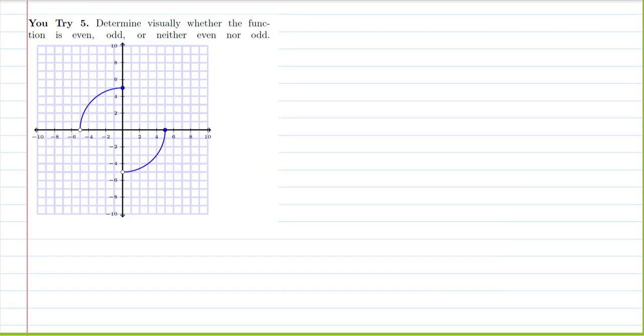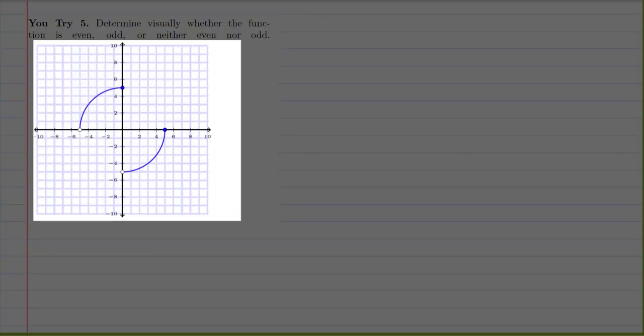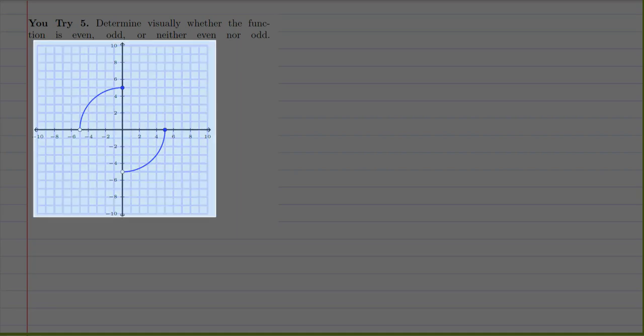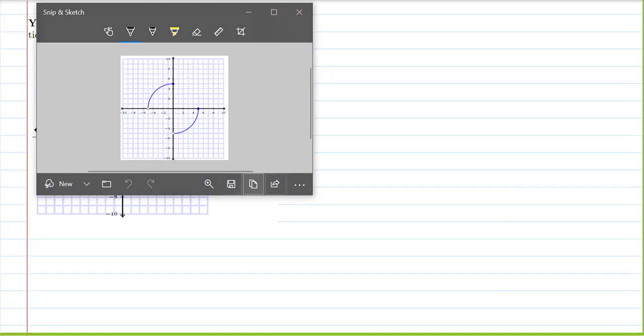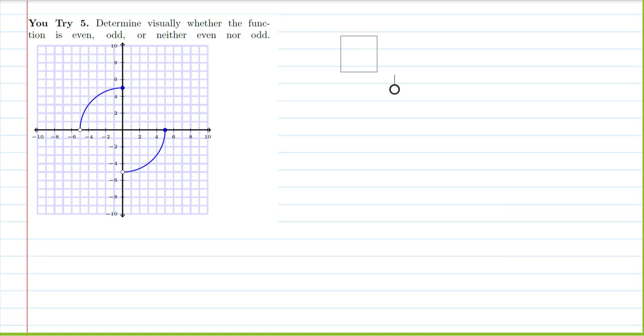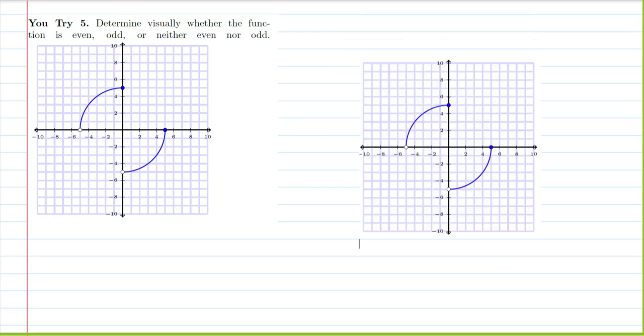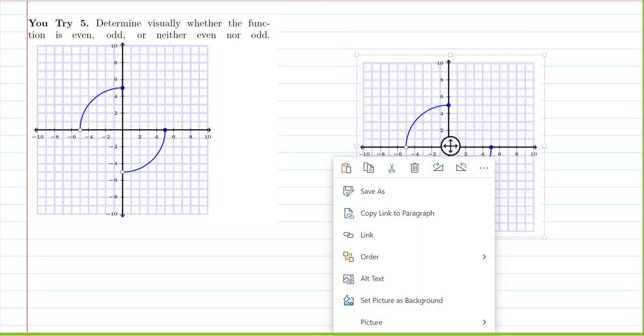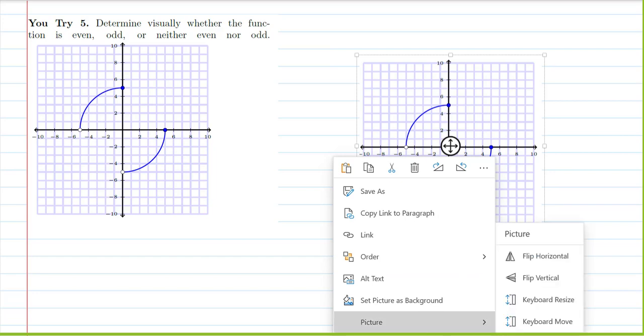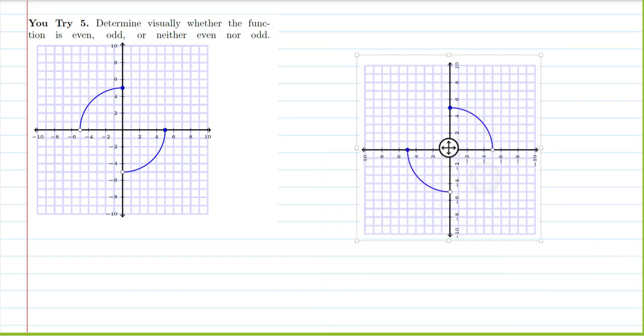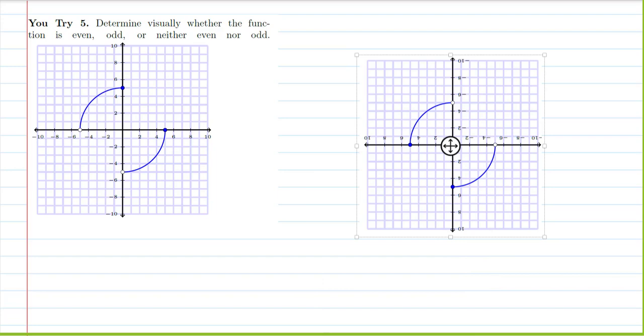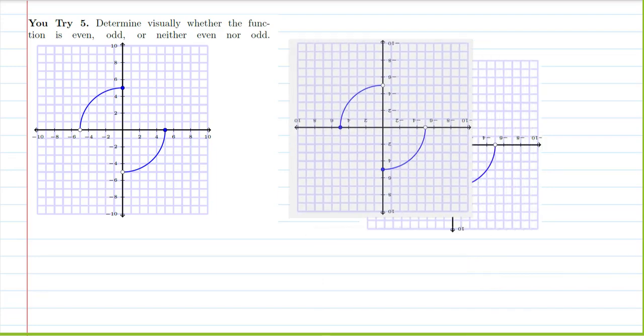All right, so U-try number 5 is a little bit tricky, right? So we have to pay really close attention. So I'm going to grab a copy of that graph again. I'm going to set it down over here. And if I were to rotate this 180 degrees, my picture would look like this.